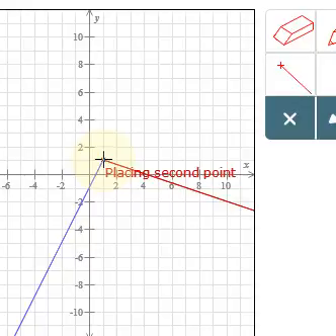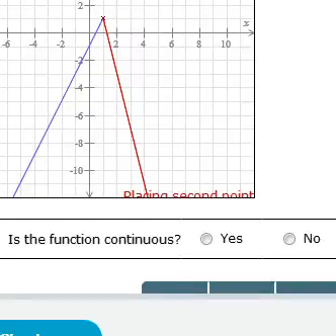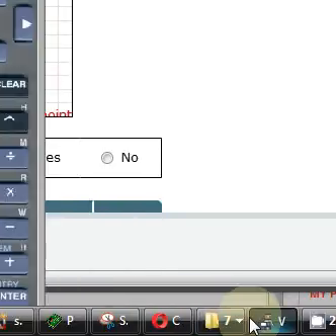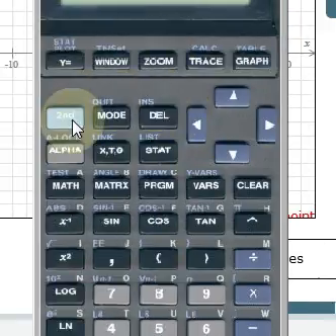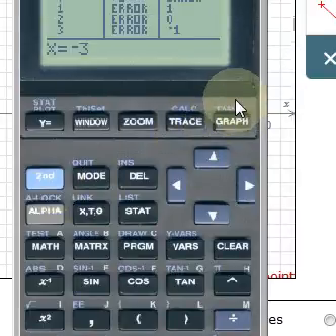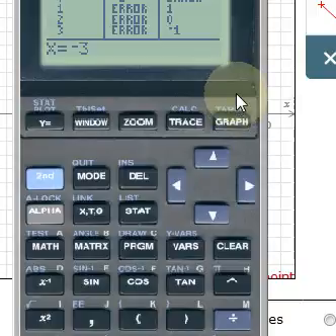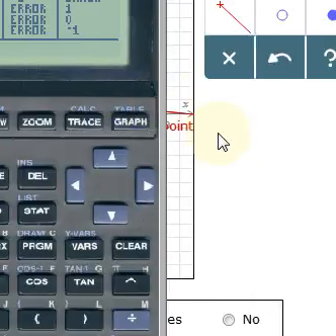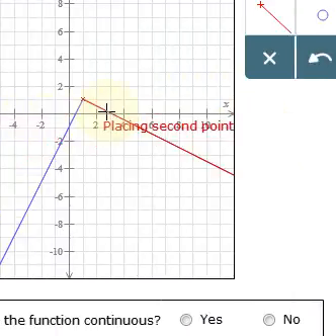Now let's see what the table says for what other points it connects to. To get to the table, I hit second graph. It looks like on that one it goes to 2 and 0. So we'll find out where 2 is and where 0 is right there.